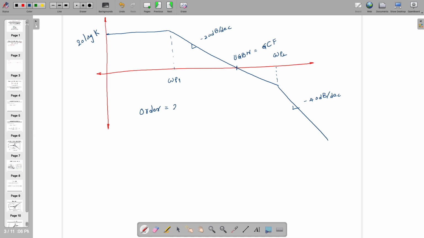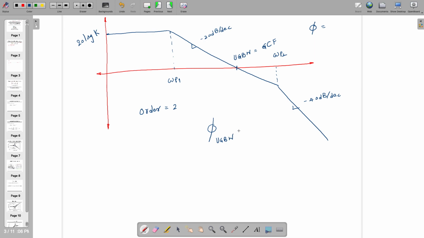2. Okay, how did you find out it's 2? Number of poles are 2, right? Can you tell me whether the system is stable or unstable? Or let's talk about it in a different way. How much effective phase is contributed by the system at UGBW?